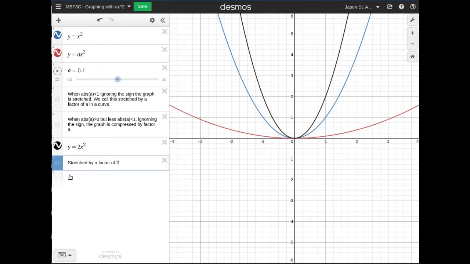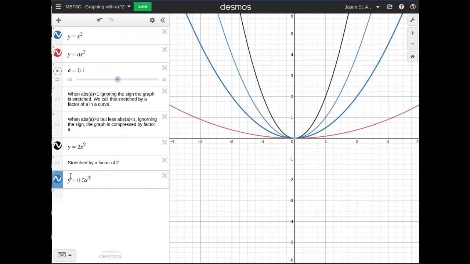Now if we do the same for this type of equation, y is equal to, let's say, 0.5x squared, our graph is going to be not stretched, but this time flattened. So now it's compressed by a factor of 0.5. All we're doing is multiplying each of the y values by 0.5. So it's very similar to what we did before, and that's it.